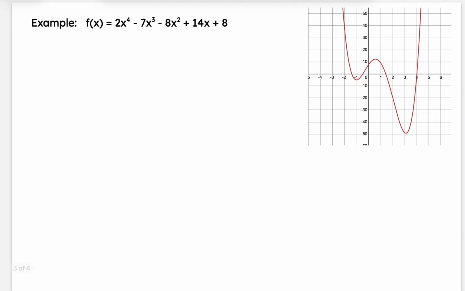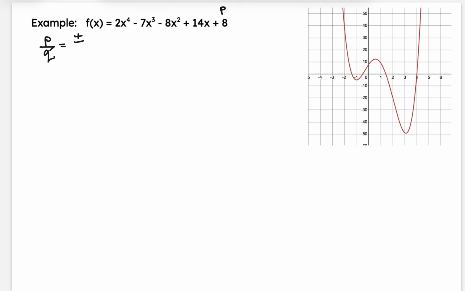So here's our first example. We're going to ignore the graph for a second because, just to speed up the process, I graphed it for us. So our step 1 is to make that P over Q list. On this one, our p-value is our constant, which is 8. So we think of all of our factors of 8.